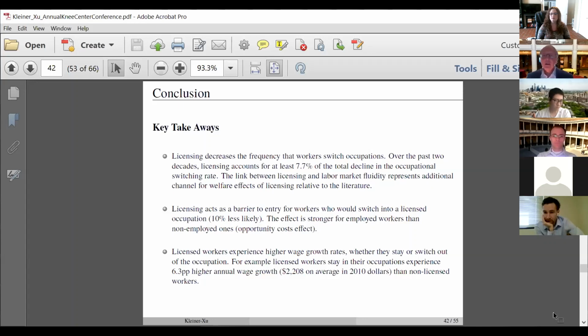So to the extent that there are selection effects, our results may be picking up the fact that people who choose licensed occupations find better matches. But when you look at our ability to control for selection, using exact matches and looking at these over time, we are able to suggest that this is a barrier to entry beyond what you would expect in terms of self-selection.